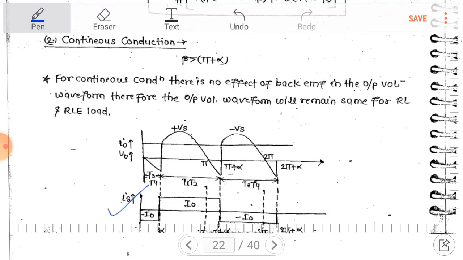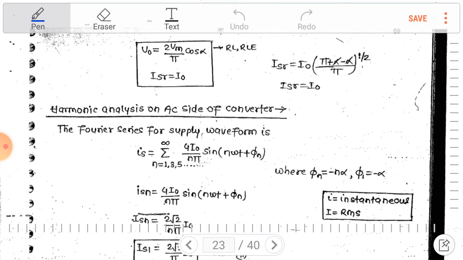As this is a square wave, the Fourier series will be like this: summation of 4 I naught by n pi sin(n omega t plus phi n), where phi n equals minus n alpha, and phi 1 equals minus alpha when putting n equal to 1. Here n equal to 1, 3 and 5 are taken, so even harmonics are neglected.